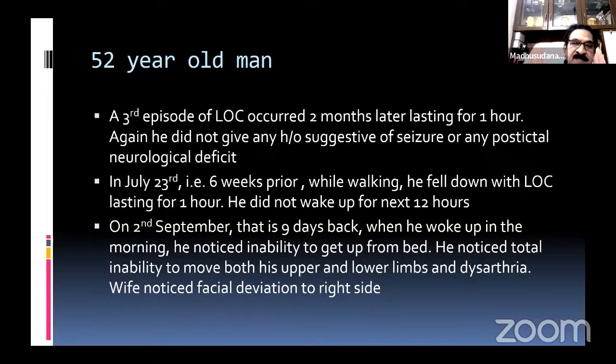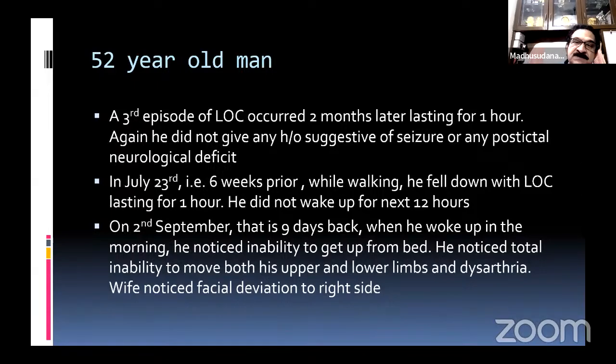On 2nd September, that is 9 days prior to present admission, when he woke up in the morning, he noticed inability to get up from bed. He noticed total inability to move both his upper and lower limbs and was dysarthric. His wife noticed facial deviation to the right side.